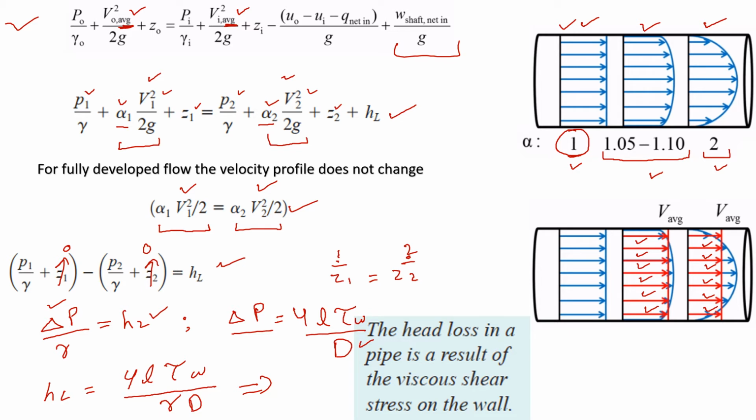Now our final equation for head loss will be HL is equal to 4L dot W over gamma 2R. So this is our final form of the head loss equation, and this is what we are going to use whenever we find head loss in pipes when the flow is laminar, because remember we are still dealing with laminar flow.